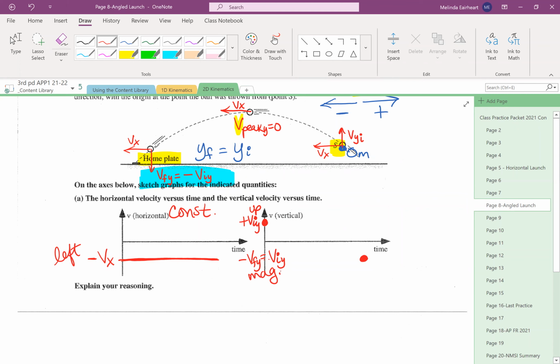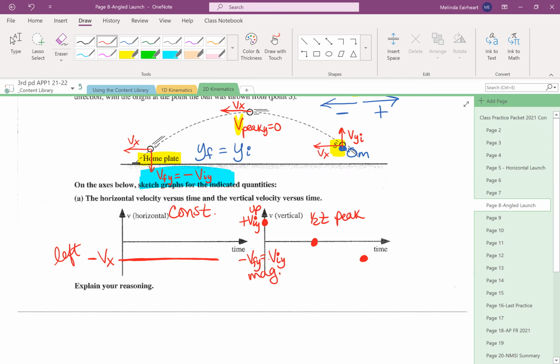Now, how do I connect those two? Straight line, and it should cross the axis if symmetry is playing a role. Where should it have v equals 0? Halfway. So about half the time is when we reach the peak, right? And vertically, you come to a split-second stop.